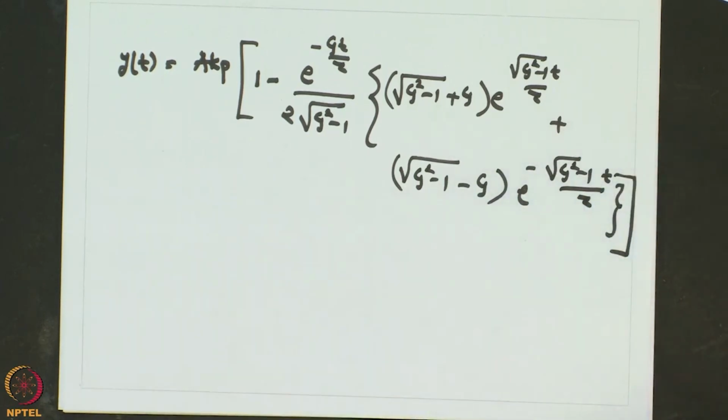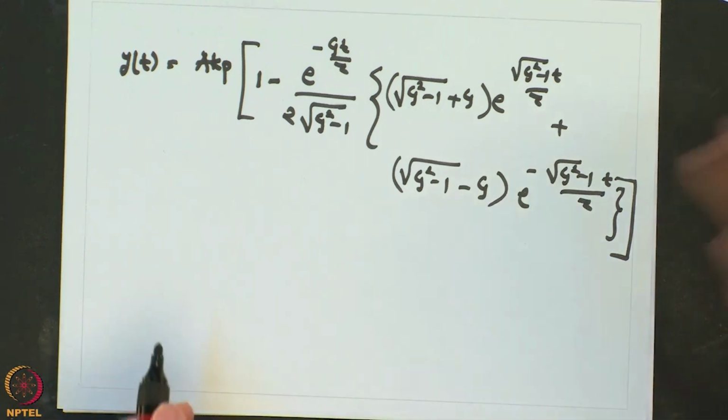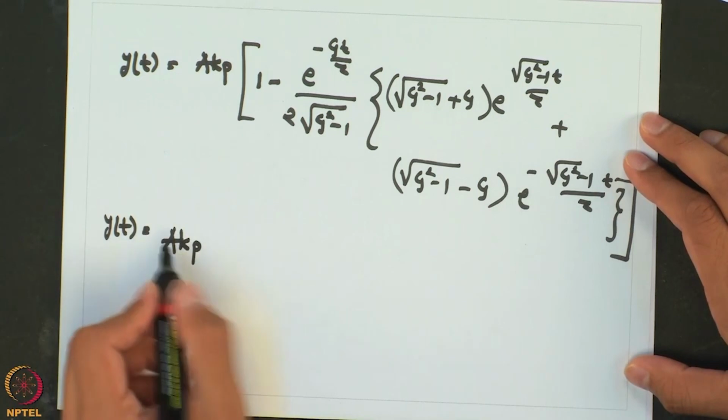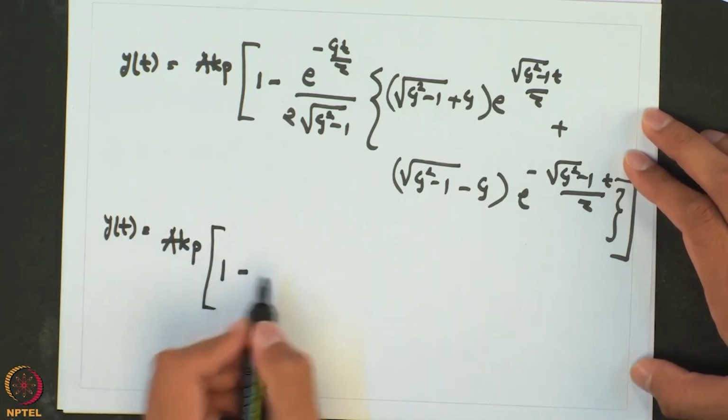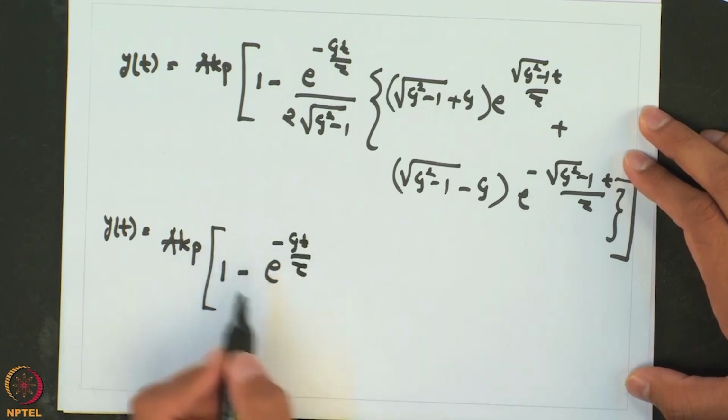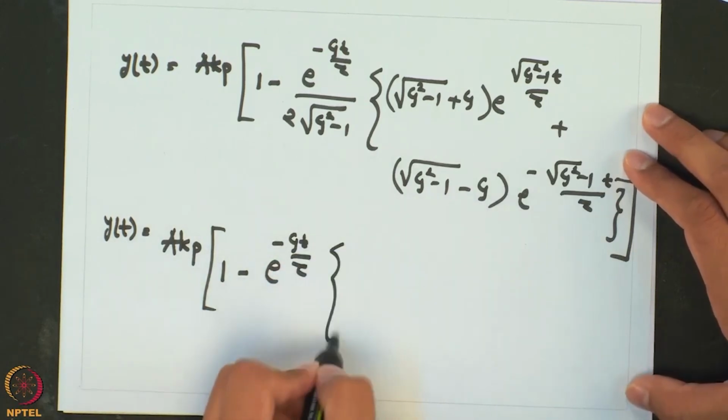So you will be left with this, and again what we can notice now is which we can now simplify again as y(t) is equal to A Kp times 1 minus e raised to minus zeta t over tau, and we will take the remaining thing inside.